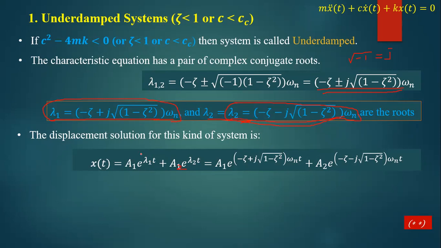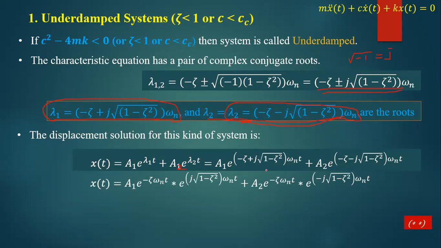So lambda 1 is the solution for the characteristic equation. Okay, the root of the characteristic equation. So we introduce lambda 1 here and lambda 2 here. So it becomes, we can find this type of equation.